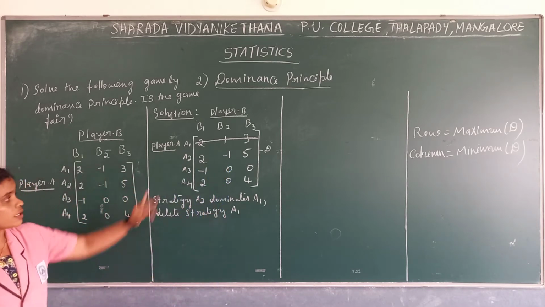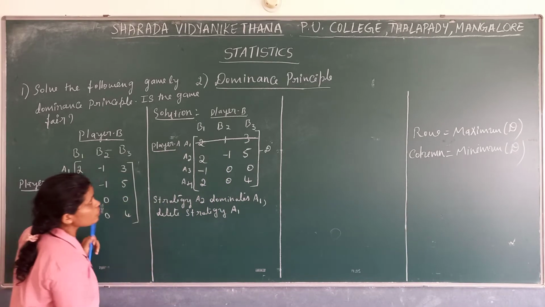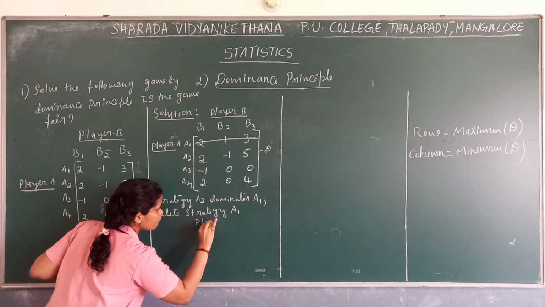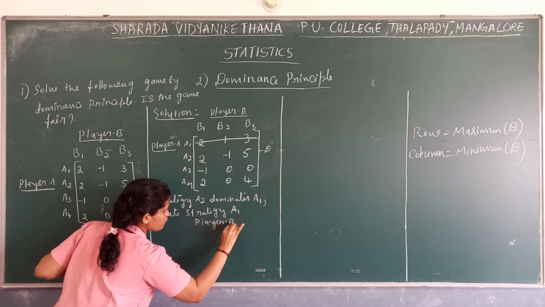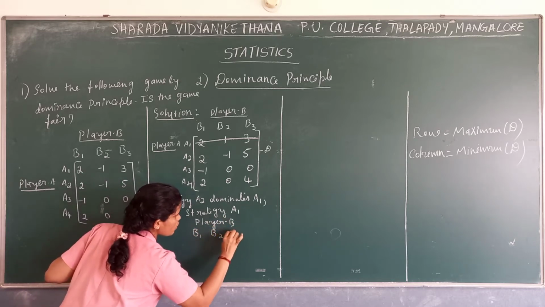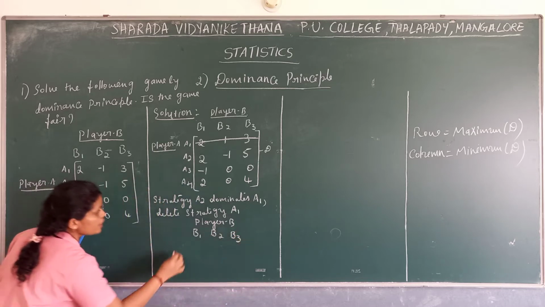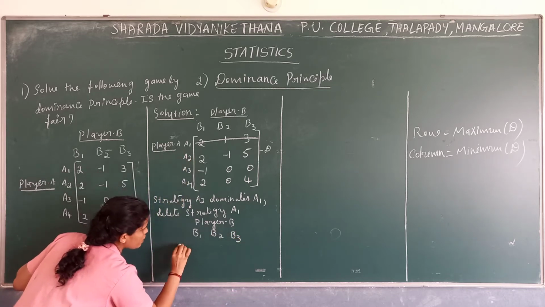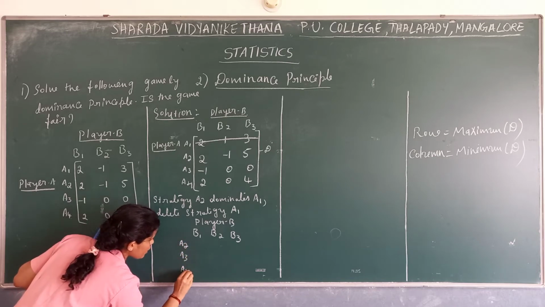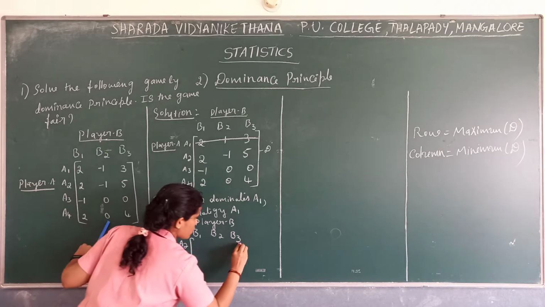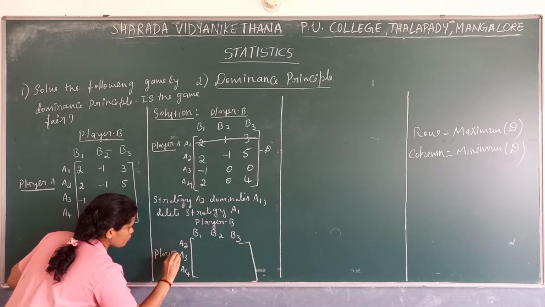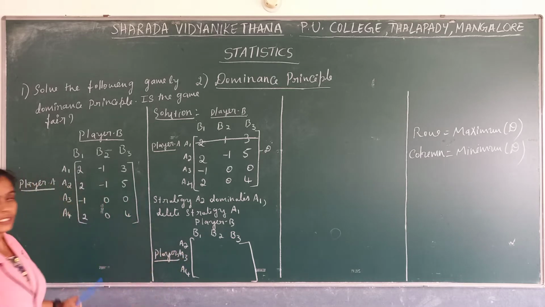These three strategies are remaining, which we have to write as it is. Here is player B with B1, B2 and B3. Strategy A1 we already deleted, leaving A2, A3 and A4 for player A.